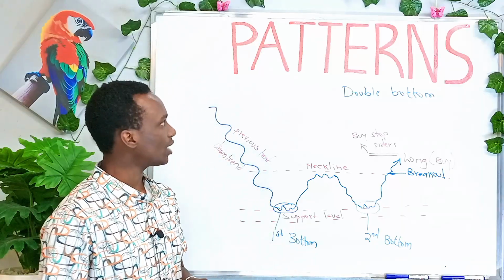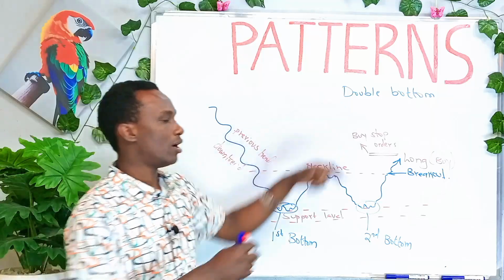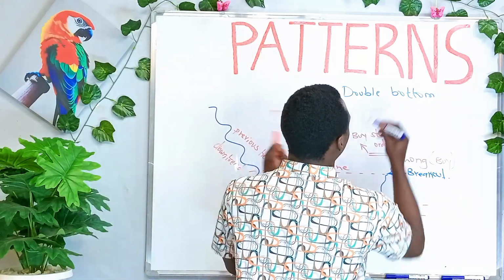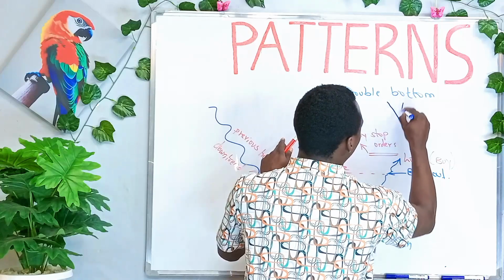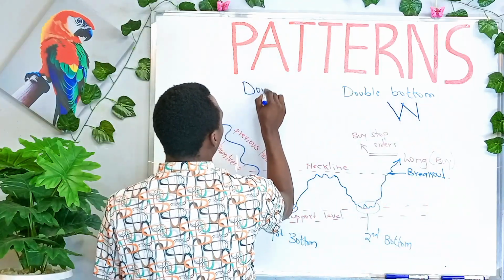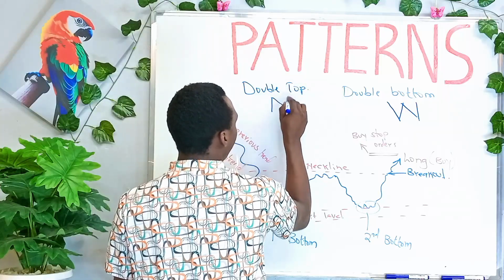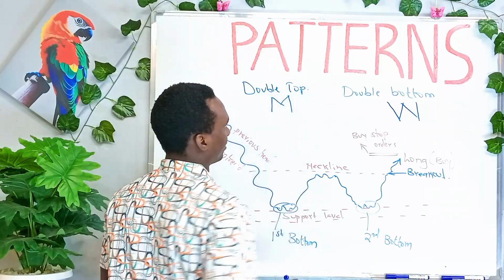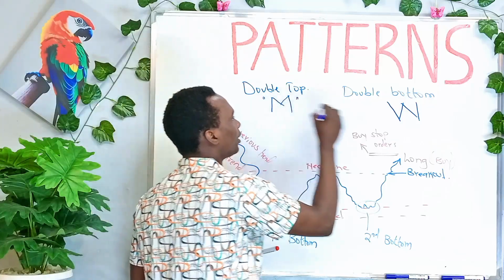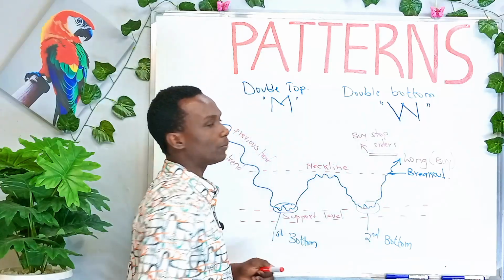Okay, good. So we have seen that the double bottom forms a W pattern, while the double top forms an M pattern. In your charts you will come across the M pattern and the W pattern.